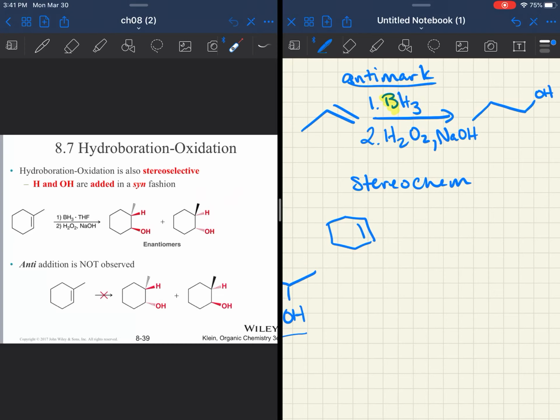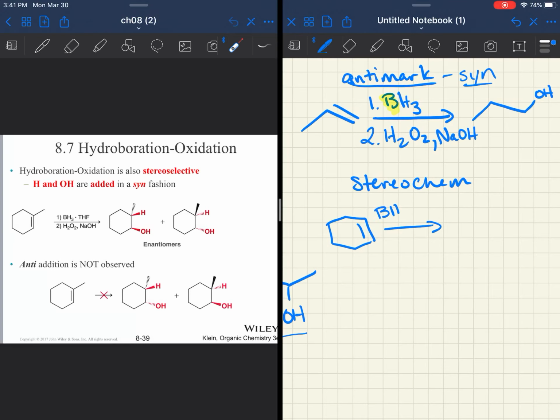This would be a syn addition. Syn means they're adding to the same side of the double bond. An anti reaction means the two things that added would add trans, the OH on one side, the H on the other. This is going to be something that you have to predict when you're doing product predictions.